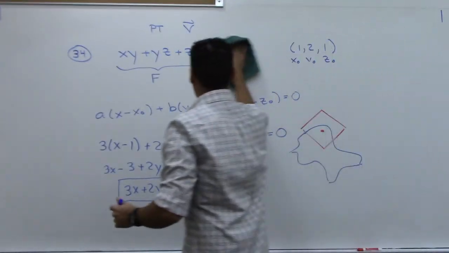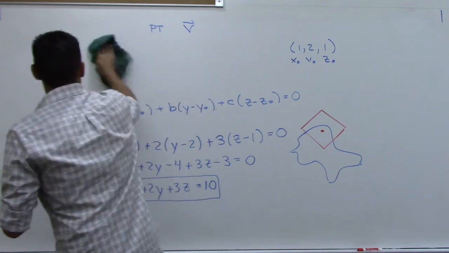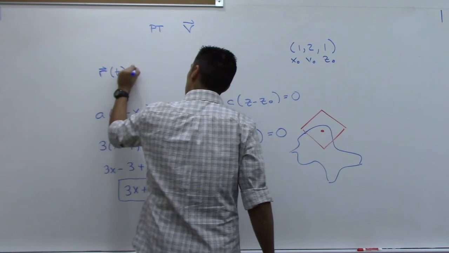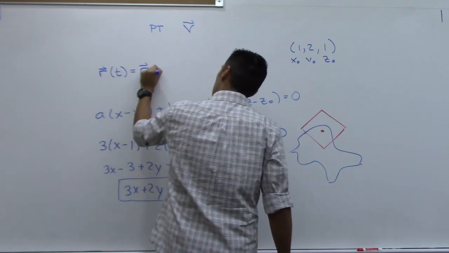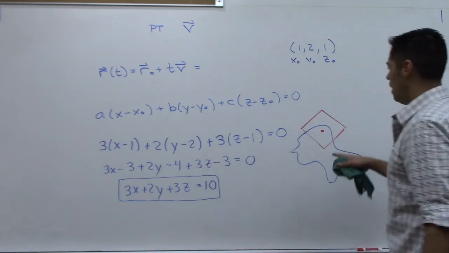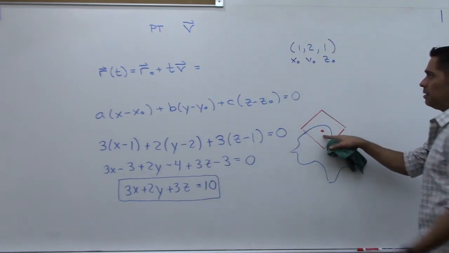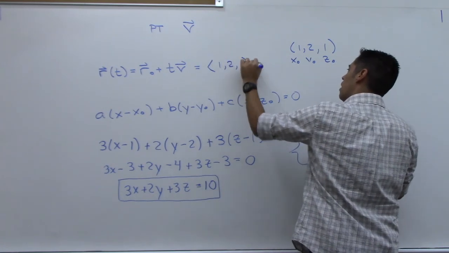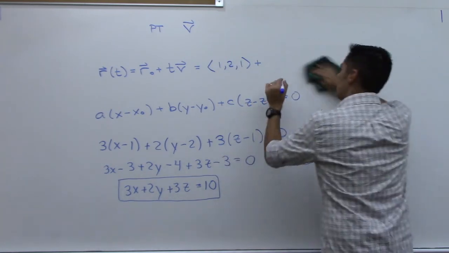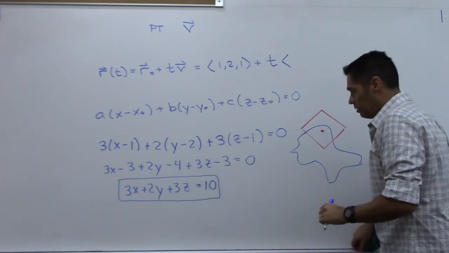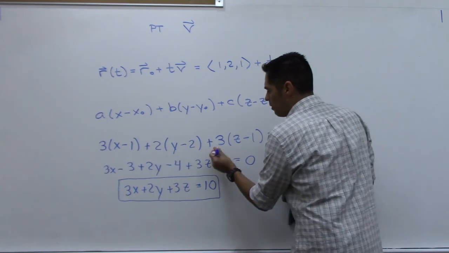My normal line, the vector equation of my normal line, I'm going to call it r of t, will be equal to r naught plus tv. r naught is any point on the line, but specifically we want this one. So 1, 2, 1 written as a vector plus t times the direction vector. The direction vector, like we just said, we can use the normal vector of the plane.